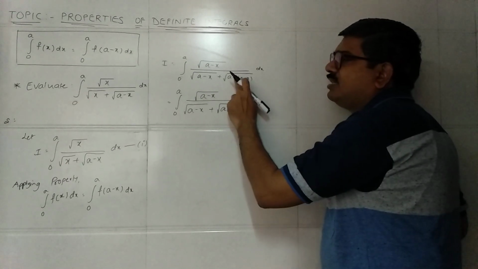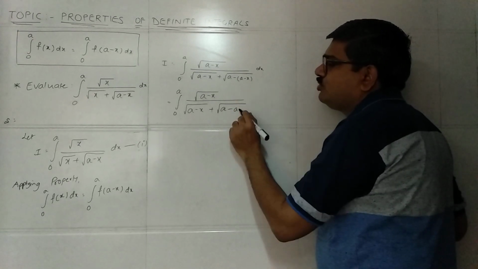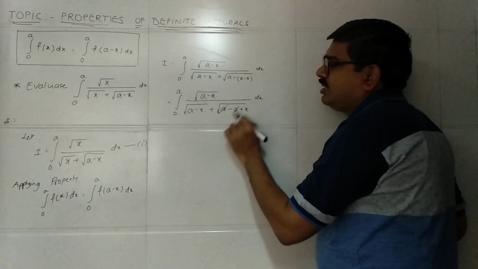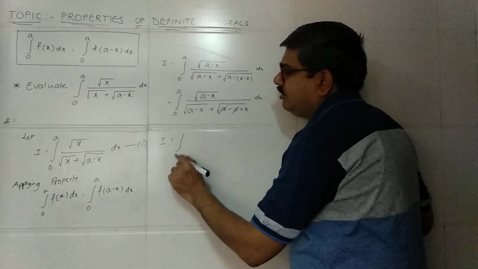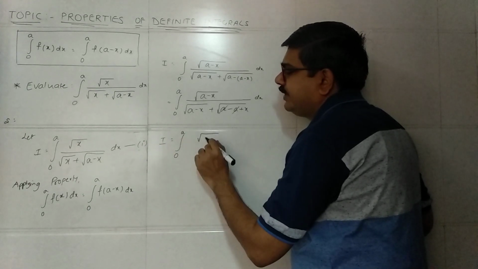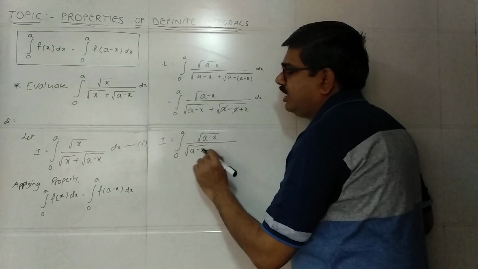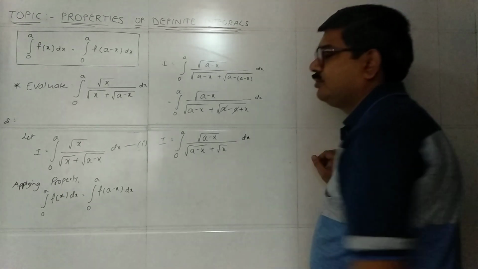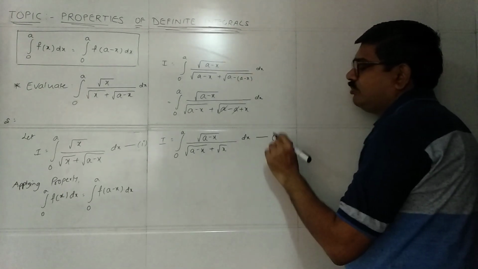This will become minus a, and minus into minus will become plus x. So plus a minus a will get cancelled and you will get integral 0 to a root a minus x upon root a minus x plus root x dx. Let us consider this as equation number 2.